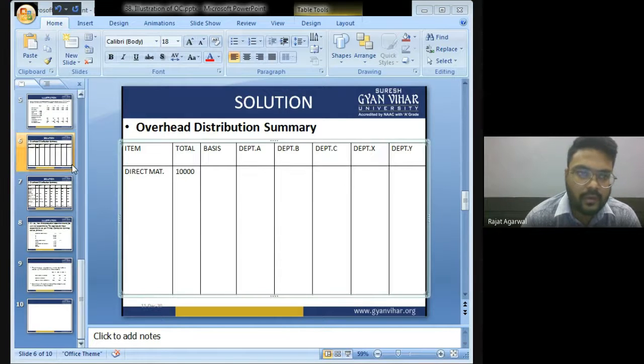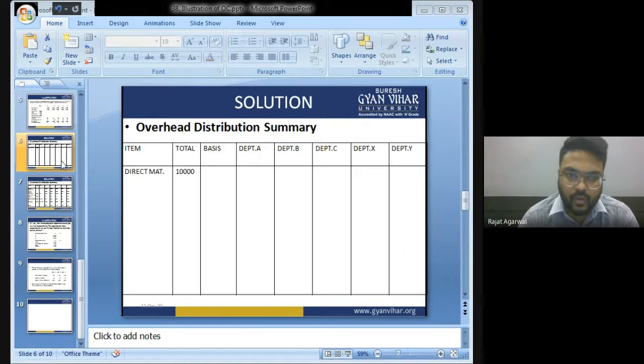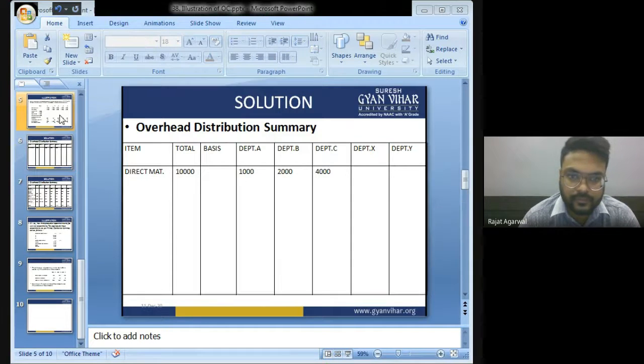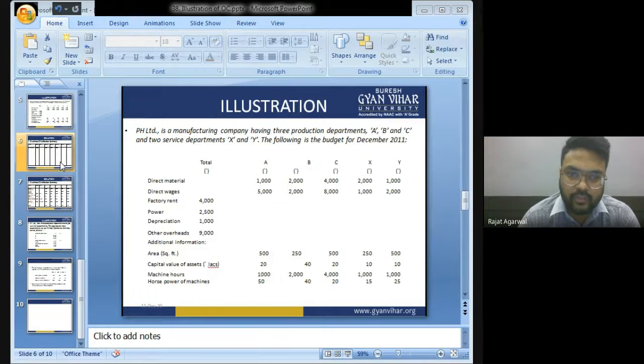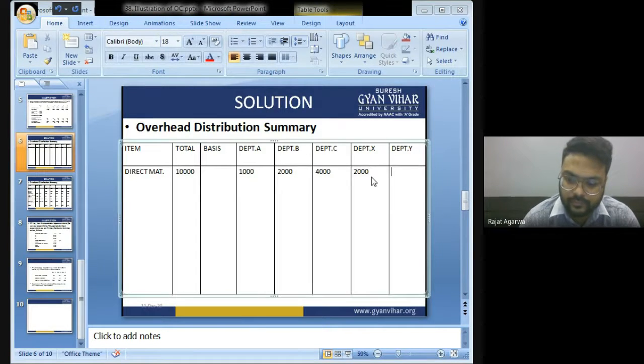It is already distributed: 1000, 2000, 4000, then 2000 and 1000.